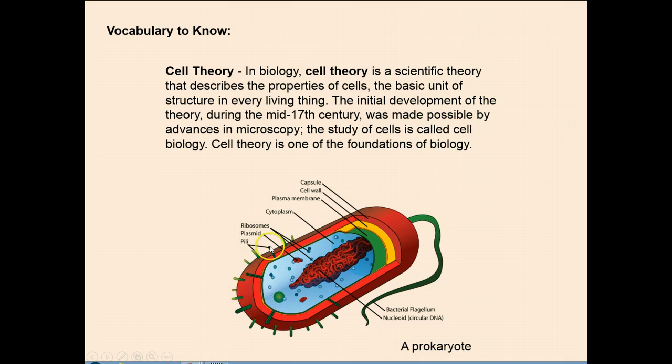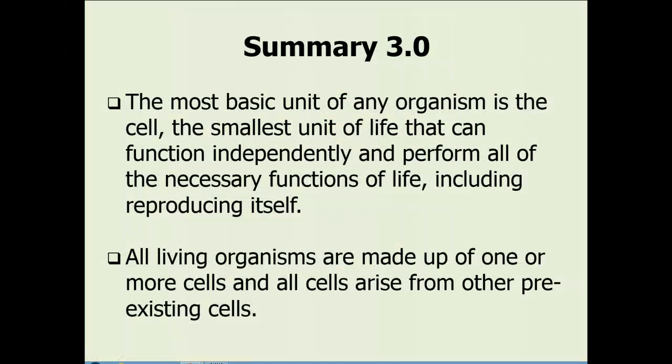The capsule is, if you're a Star Trek fan, a cloaking device, but it's a polysaccharide that tries to fool the system if it does invade in humans, or it helps provide resistance against drying up or desiccation. Flagella is something that the bacteria use to move. It actually spins in two directions. One, it moves forward, and another rotation, it starts to flip and flop around until it finds some better environment. So the prokaryotes are simple, and eukaryotes are the more complex and make up cells like ours. If you can remember, that would be great.